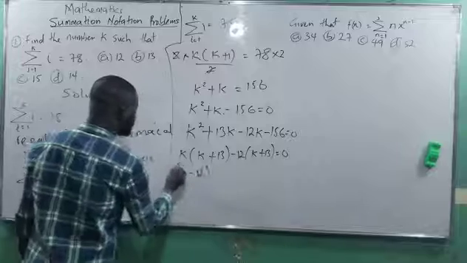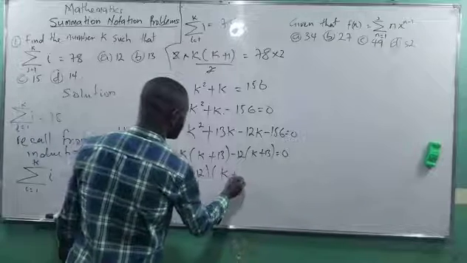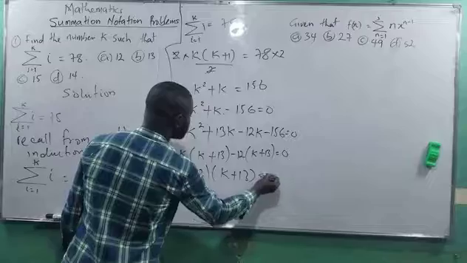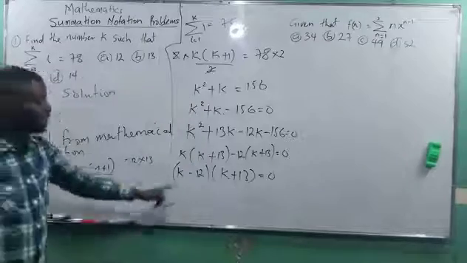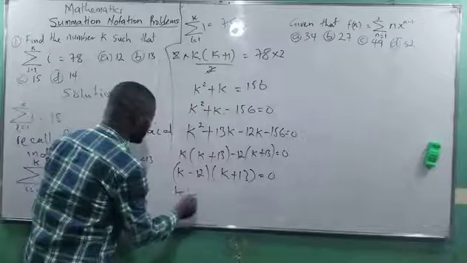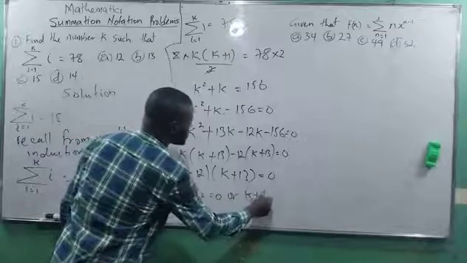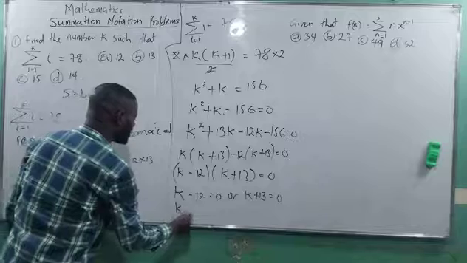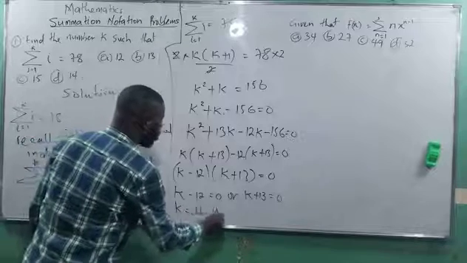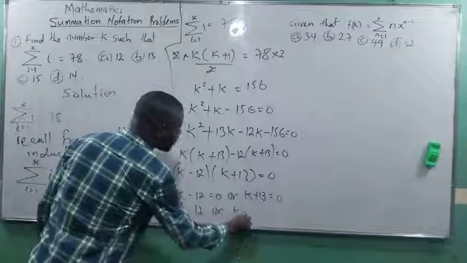I'm not teaching elementary mathematics, so I'm sorry, this is not elementary mathematics. By so doing, I'll have k minus 12 equals 0, or k plus 13 equals 0.